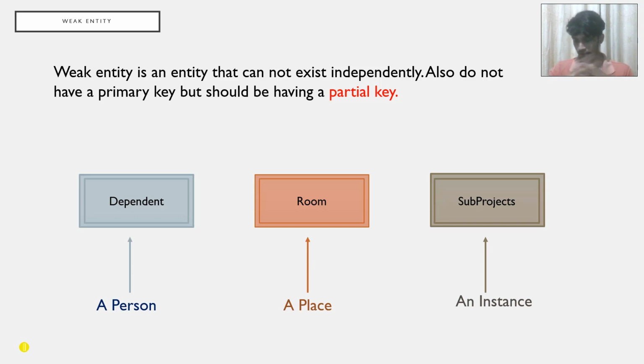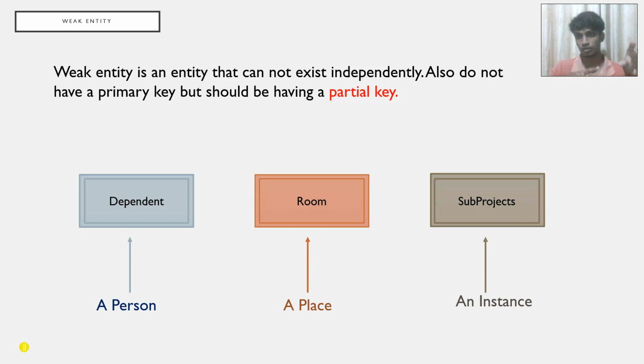The third example is much more relevant for this weak entity: subprojects. A subproject can't exist without projects. If we are going to make subprojects, then there should be some kind of project. Project is the thing which is relevant to that database, and subprojects exist because of the projects.